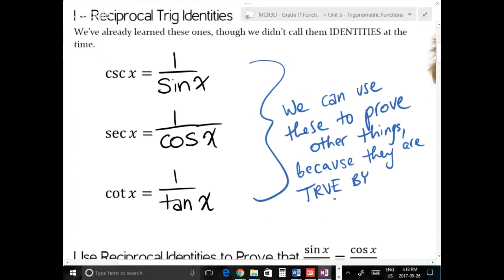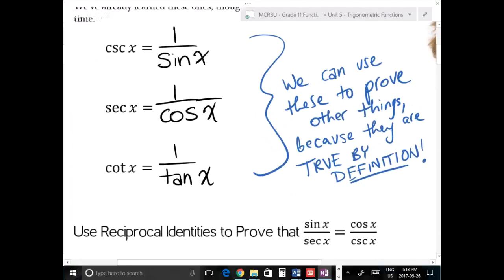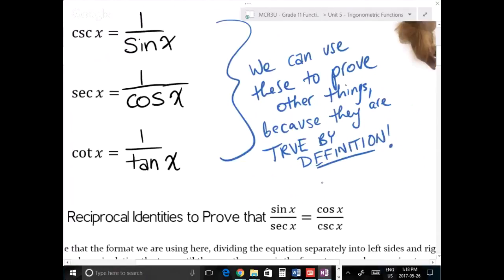Any aspiring philosophers in here? If you're an aspiring philosopher, you don't have to write this. We call this an a priori truth, or a priori. I've never quite known how it's pronounced. It's Latin. An a priori truth is something that we know to be 100% true because we've defined it.